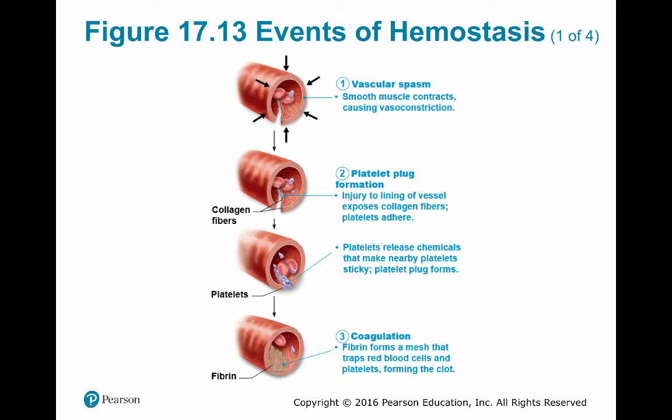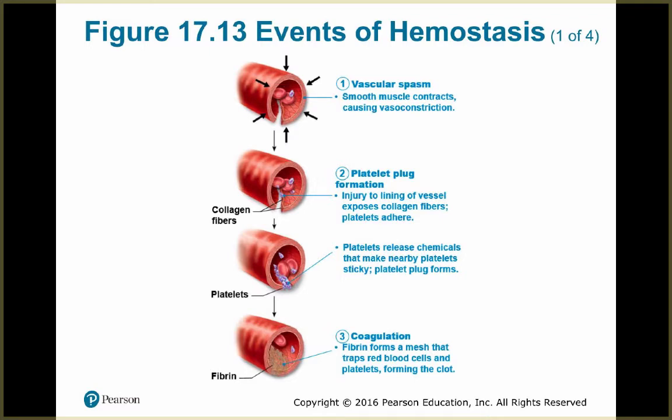The first thing that you see is the vascular spasm. You have smooth muscles, and you see here some kind of opening in the blood vessels. You're going to get a spasm, where the smooth muscle contracts, causing vasoconstriction. The spasm is triggered by direct injury of the vascular smooth muscles.